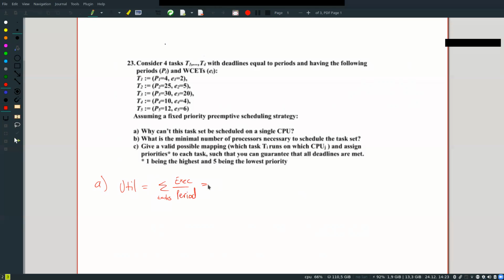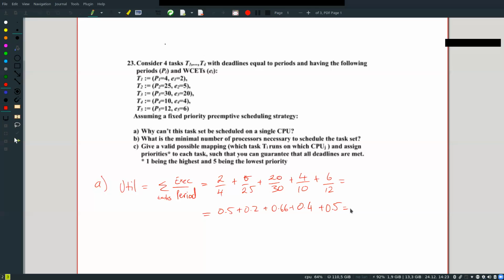And so for this set of tasks here, this is going to mean that we have 2 over 4, so we have a half, plus a fifth, plus 2/3, plus 4/10, plus 6/12, so another half. So this is going to give us a half plus a fifth plus a third plus 4/10 plus a half.